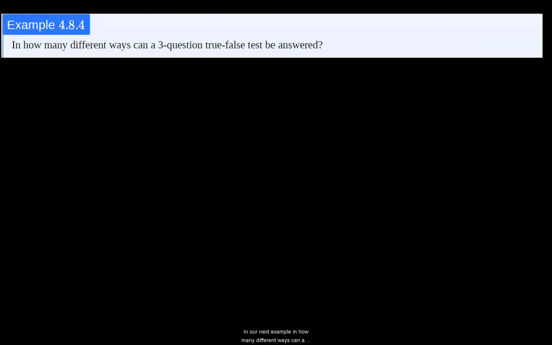In our next example, in how many different ways can a 3-question true-false test be answered? Well, since we have 3 questions, I'm going to create 3 spaces, 1 for each question. We know the question is true or false.